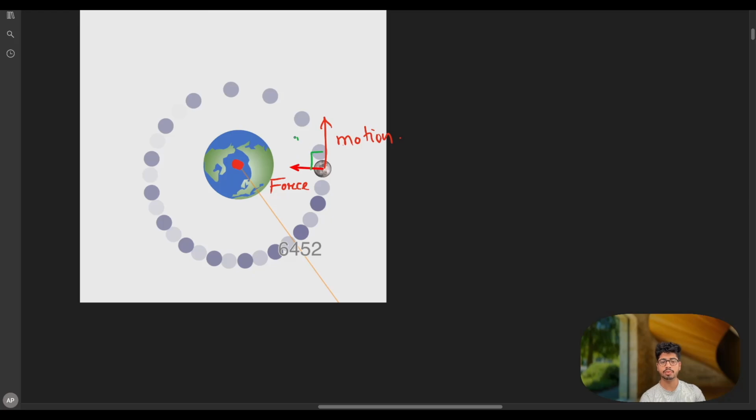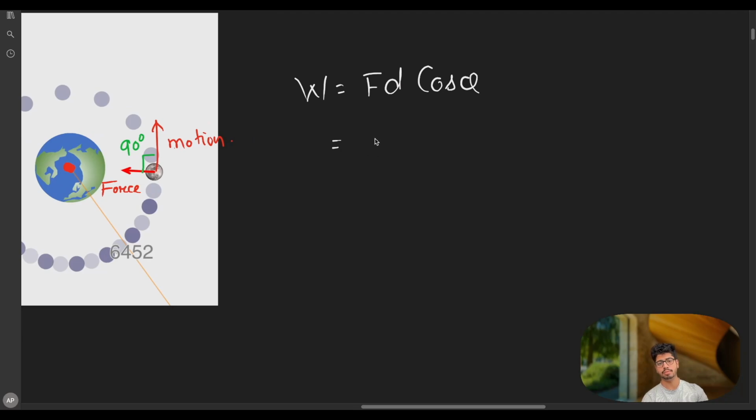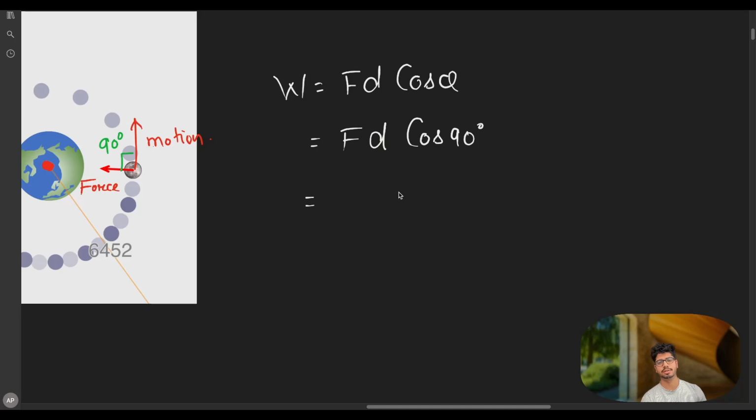The angle between them is 90 degrees. The work done definition is F D cos theta, so what is cos 90 degrees? Not 1. It is 0. So the work done by this force is 0.